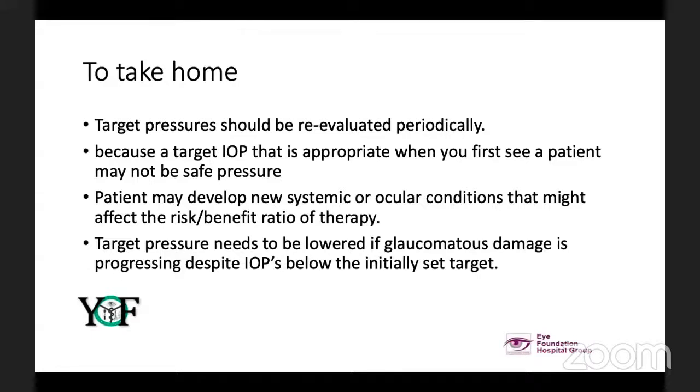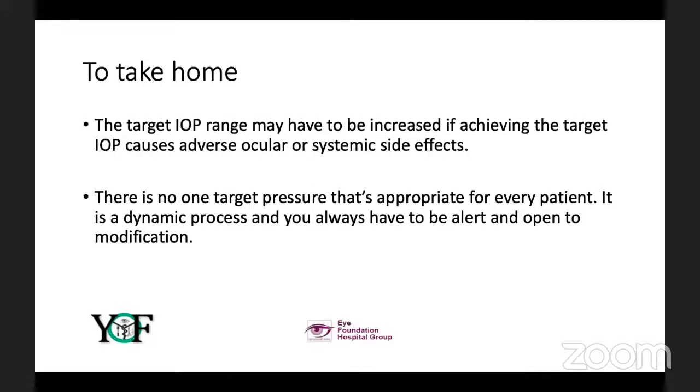Target pressure needs to be lowered if glaucomatous damage is progressing despite intraocular pressure below the initial set target. The target intraocular pressure range may have to be increased if achieving the target causes adverse ocular or systemic side effects. There is no one target pressure that's appropriate for every patient.